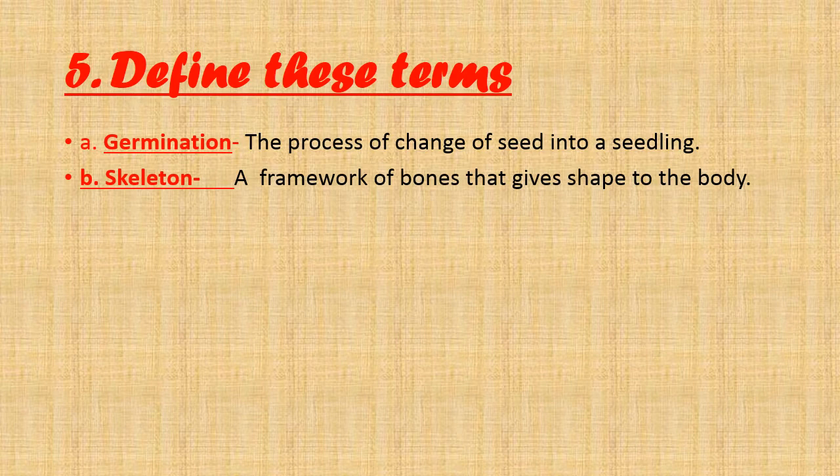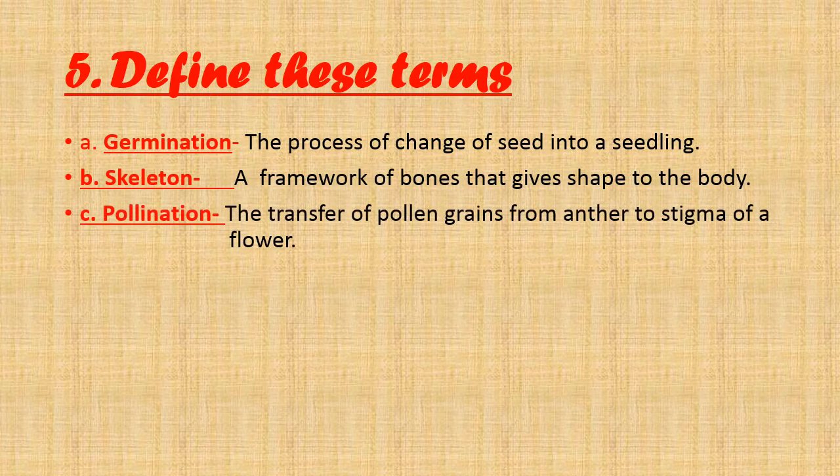Part B, skeleton. So skeleton is a framework of bones and it will give shape to our body. Part C, pollination. So the transfer of pollen grains from anther. Anther is the male reproductive part of the flower.